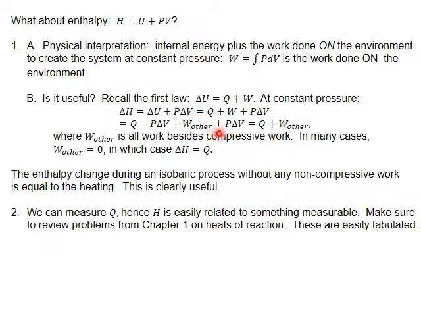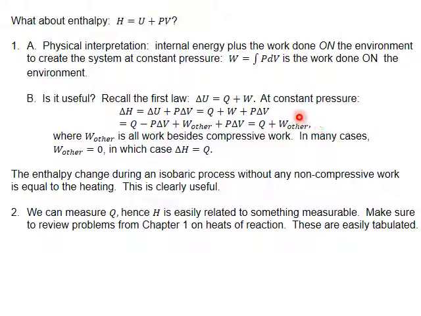Here I'm including this W other. This is the work done that's non-compressive work on our system, which I should also include in the first law. And when we're done, the compressive work done on the system, which is this minus P delta V, cancels the P delta V on the environment. So delta H is just the heating Q plus other forms of work.